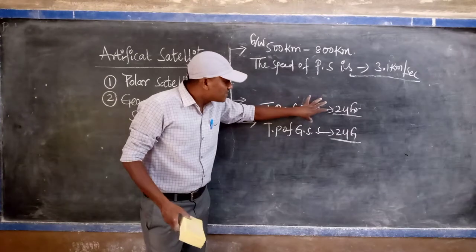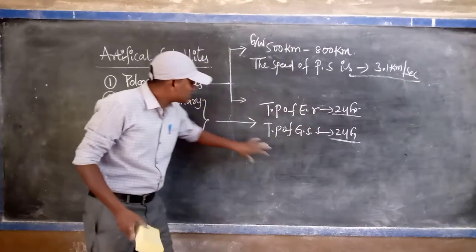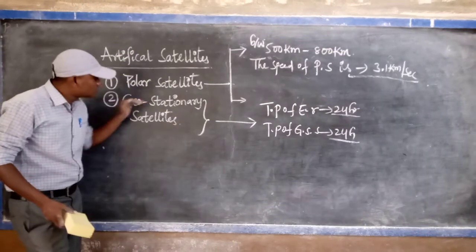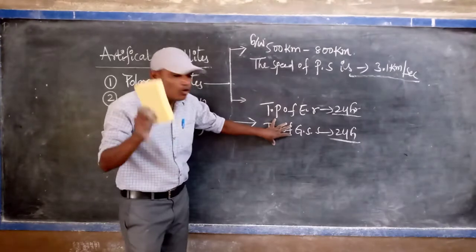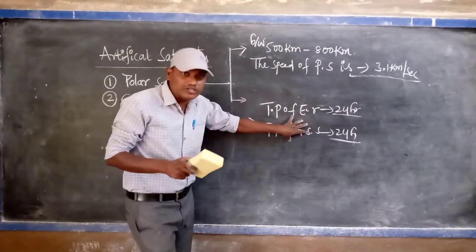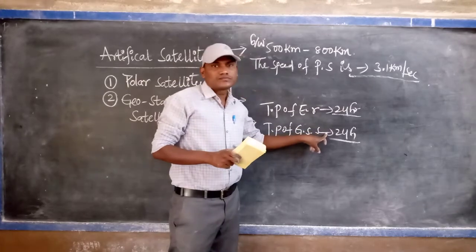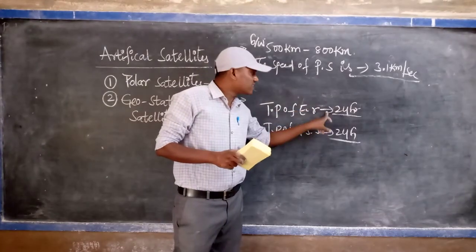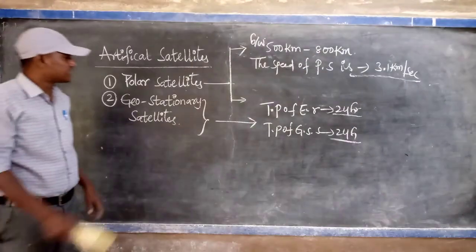So the value of the earth's rotation and the geostationary value are both the same. Which type of satellites do we call geostationary? Geo means earth. The satellites whose time period of revolution around the earth is equal to the rotation of the earth are called geostationary satellites.